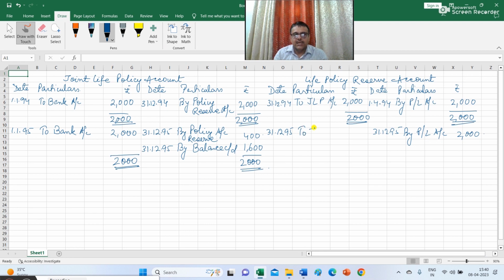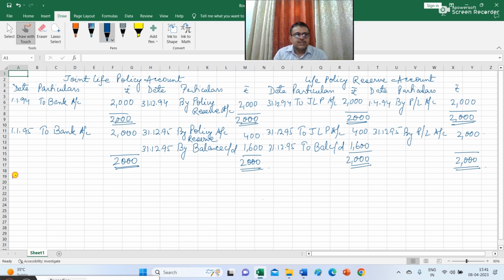So I have to write here as joint life policy account rupees 400, and the balancing figure is the amount of surrender value. So you have to write as to balance CD rupees 1600. So this way I have completed drafting the ledger for second year.